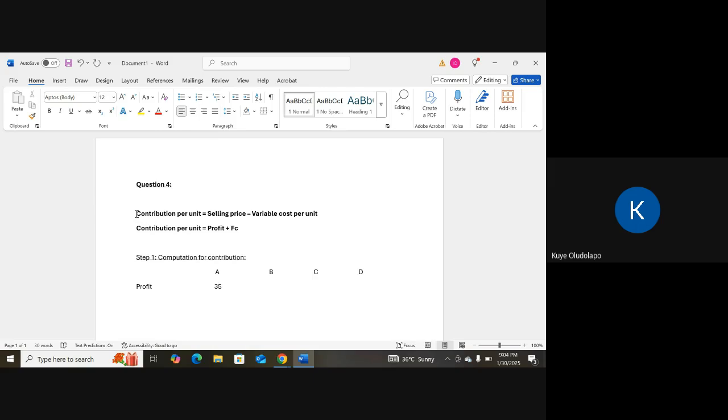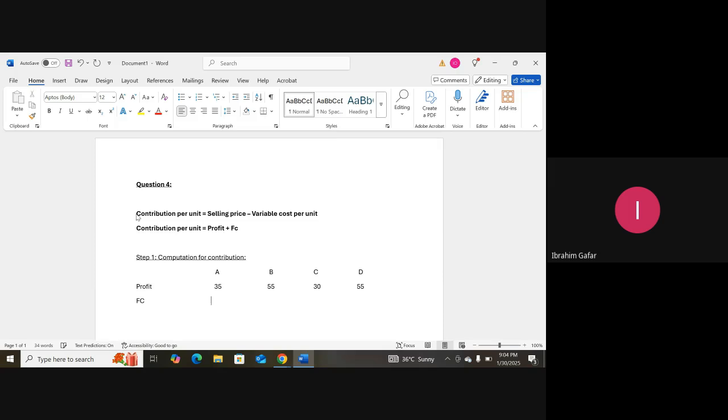Product B, 55. Product C, 30. Product D, 55. Then fees cost.